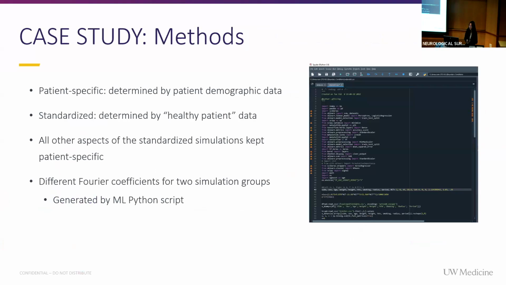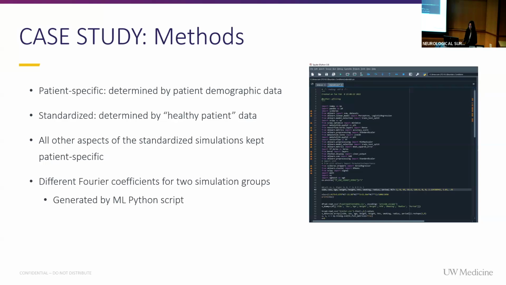For this case study, I ran CFD simulations using standardized inlet boundary conditions to compare to existing simulations we had already run that used patient-specific inlet boundary conditions. The patient-specific inlet boundary conditions used patient demographic data in their generation, whereas for the standardized inlet boundary conditions I used healthy patient data, which is not specific to any patient, but numbers that were averaged using the demographic data for aneurysm patients that we have on file.